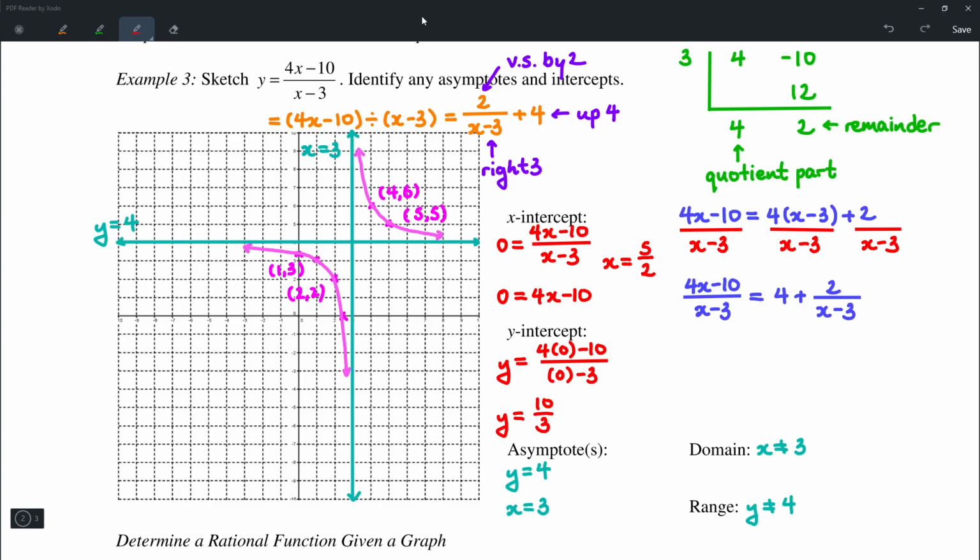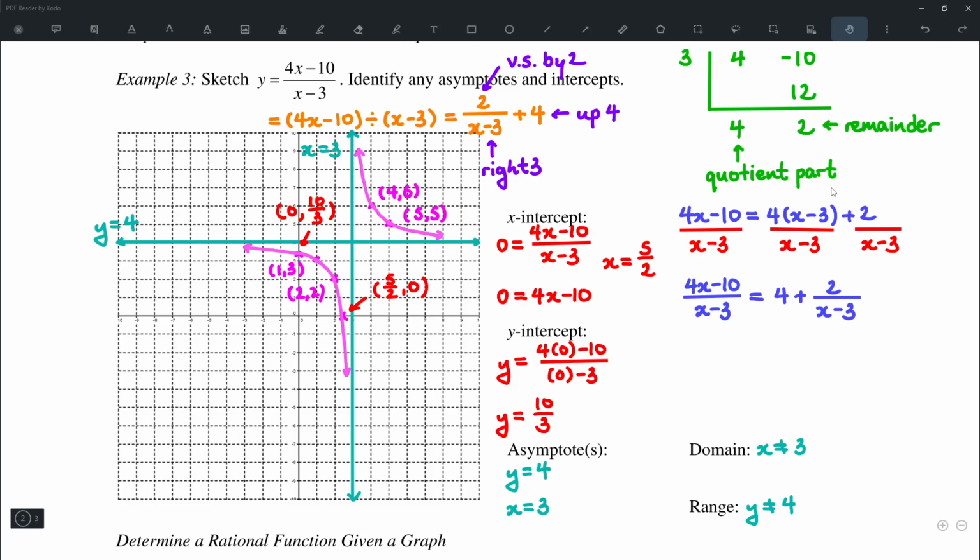And those 2 points are reflected on the graph here and on the right here. And of course, the additional points were found using a table of values. And the graph was drawn by a combination of the different points and also the asymptotes.